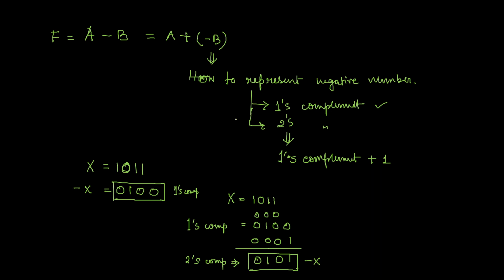So if I am able to find out minus b, then my job is almost done, because now I just have to add it. So let's see how we can do this. I have a number, say a, for example 1011.